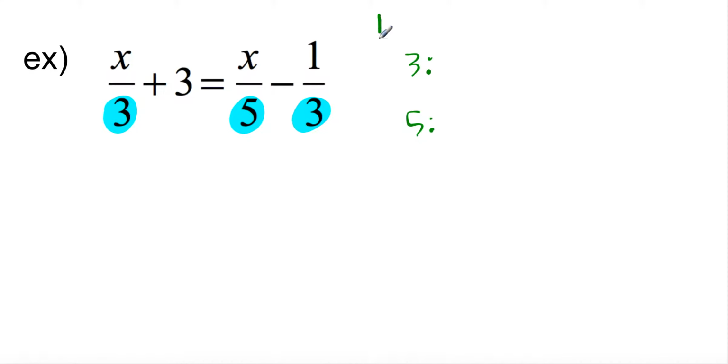So in our heads on the ACT, if you need to write it out, that's okay. Just remember you're under time constraints there. So if you can think about what the least common multiple is for 3 and 5, you can go ahead, write it in, and multiply each term by that number. But just to review, least common multiple, 3 times 1 is 3, 3 times 2 is 6, 3 times 3 is 9, 3 times 4 is 12, 3 times 5 is 15.